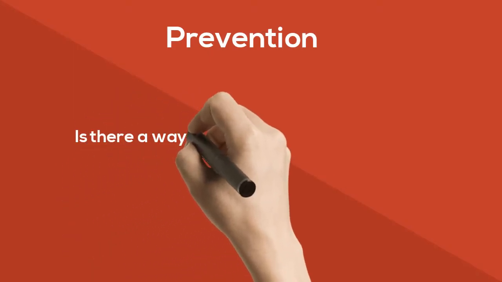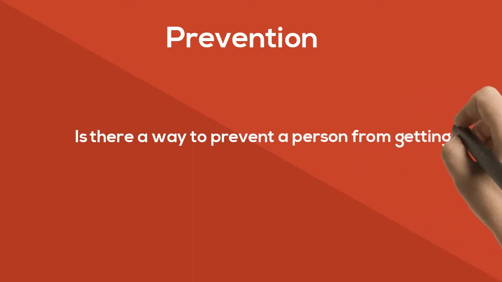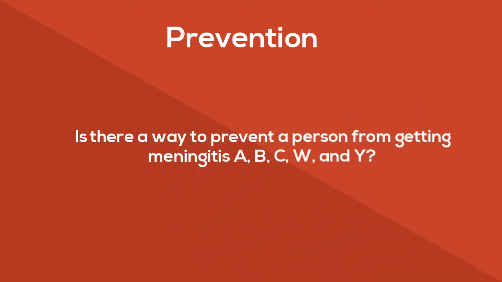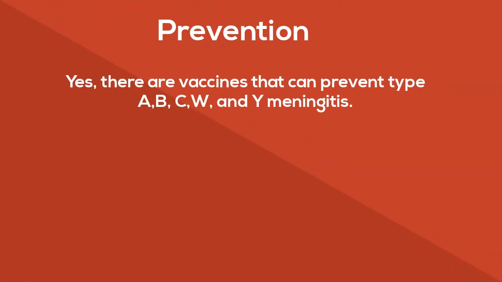So, what about prevention? Is there a way to prevent a person from getting meningitis A, B, C, W, and Y? Yes, there are vaccines that can prevent type A, B, C, W, and Y meningitis.